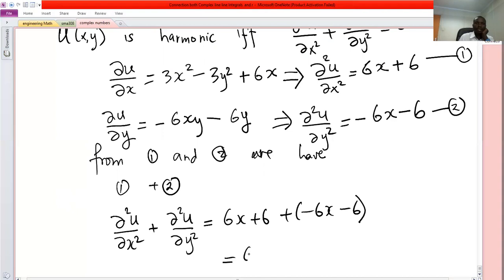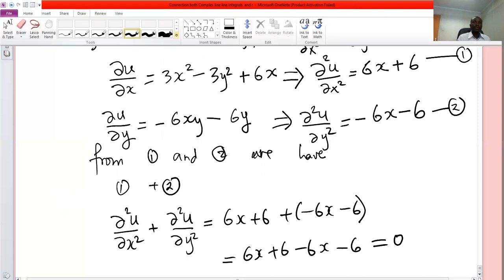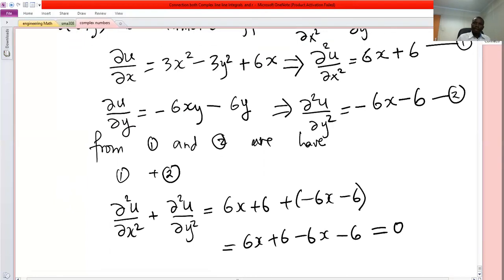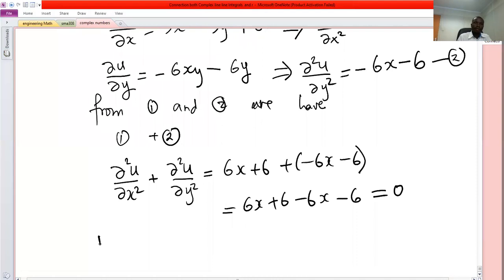So this will be 6x plus 6 minus 6 minus 6x, minus 6. And clearly this is 0. So that one shows that u is harmonic, i.e., u of x y is harmonic.